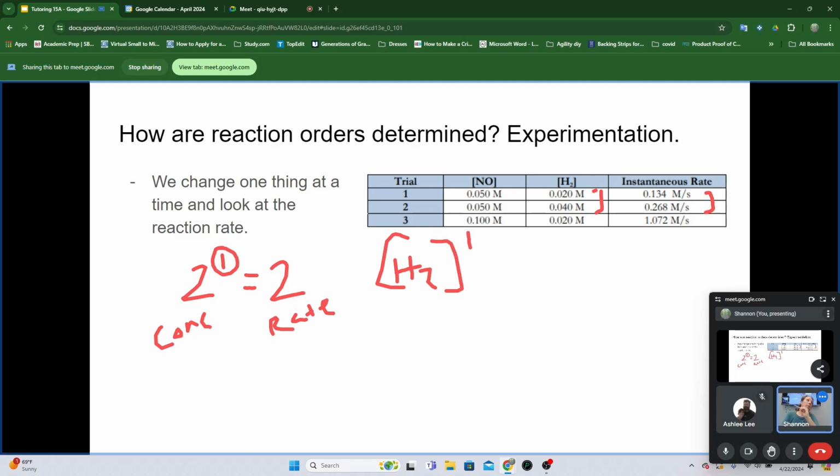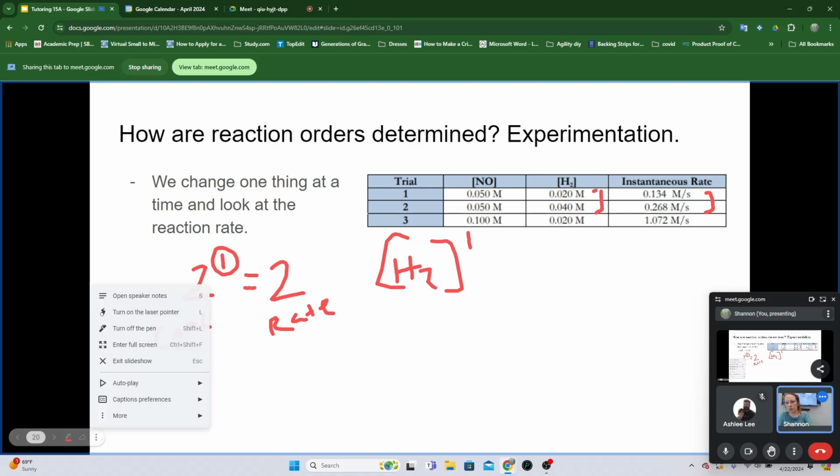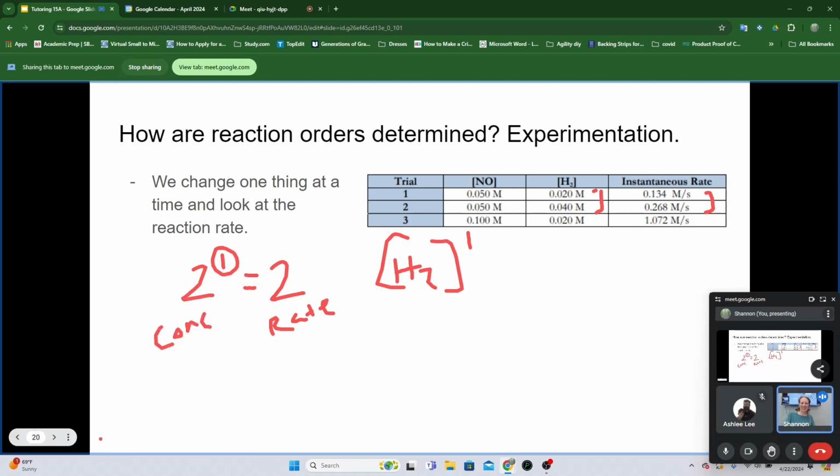Where'd you get the 1? Hold on, let me change this to a laser pointer. Okay, the concentration factor change was 2, it doubled. The reaction rate factor change was 2, it doubled.